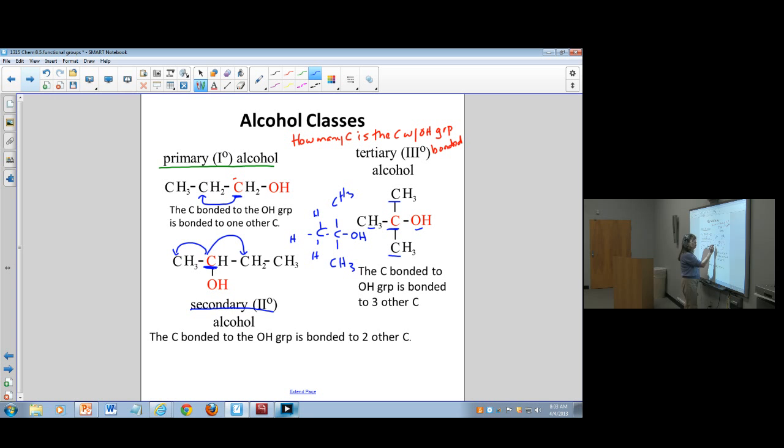Still, even though it's turned, it's still got the same structure here. Anyway, so this is called a tertiary alcohol or a third-degree alcohol. And in that case, it's bonded to three other carbons. Secondary are bonded to two other carbons, and primary is bonded to one other carbon.